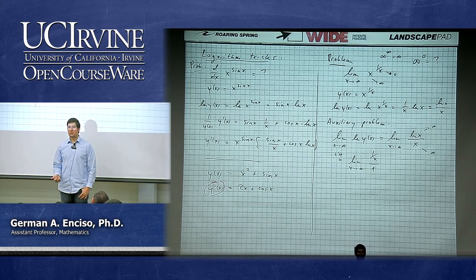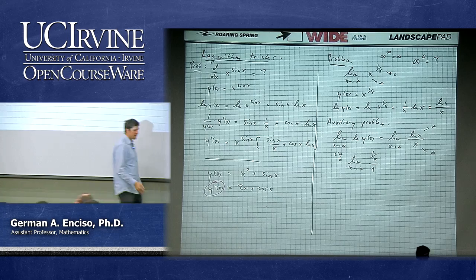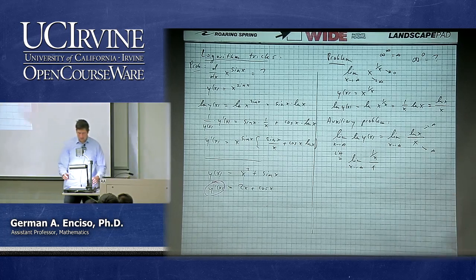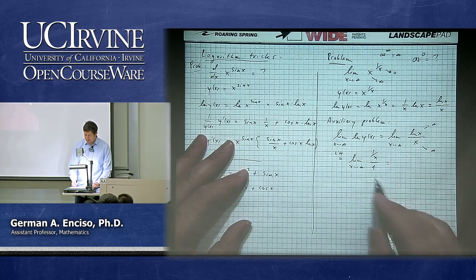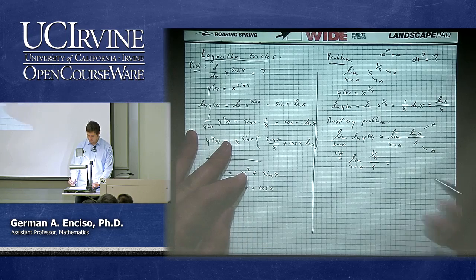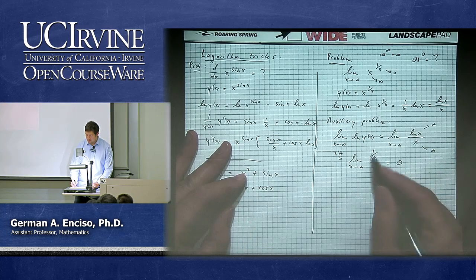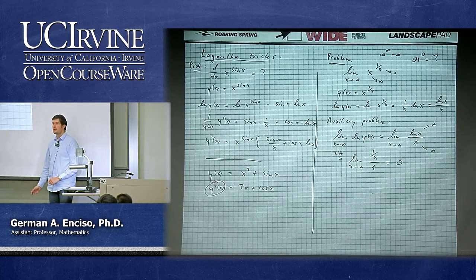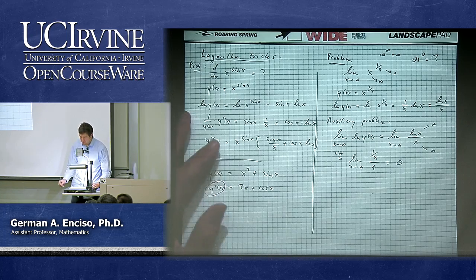I can only apply L'Hopital's rule when I have an indeterminate form. Infinity over infinity, 0 over 0. In this case, it's an indeterminate form, so we can apply L'Hopital's rule. And this is what? This is 0. The top part goes to 0. The bottom part's always 1. So the whole thing goes to 0.